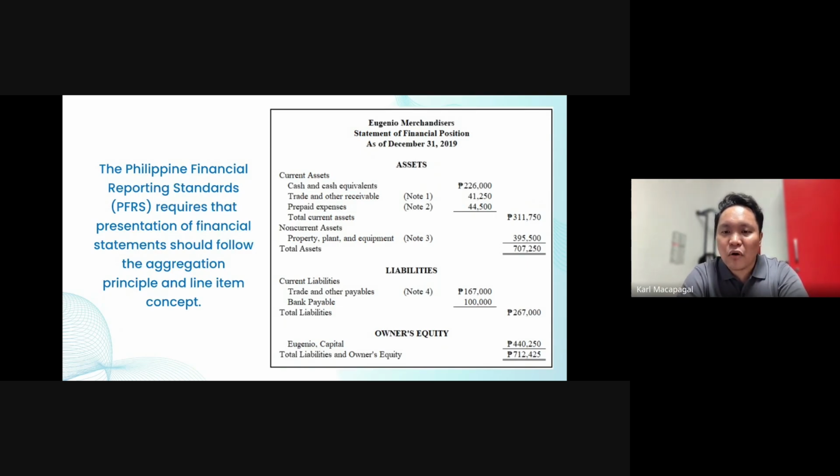The term as of implies that the information presented in that balance sheet is true and correct only as of the date. Thus, if the statement is dated as of December 31, 2016, all information contained in the statement is true and correct only as of that date.